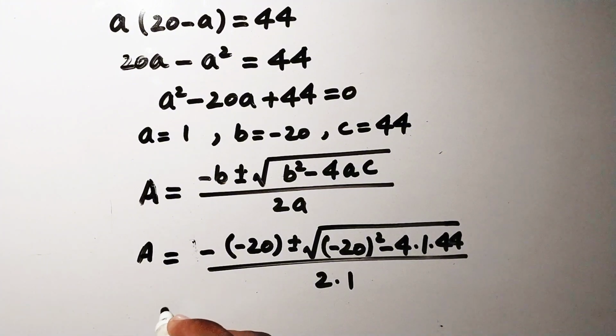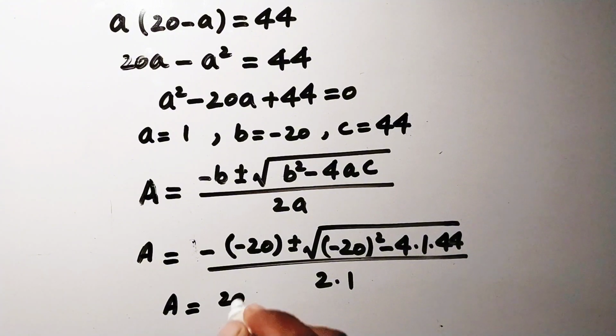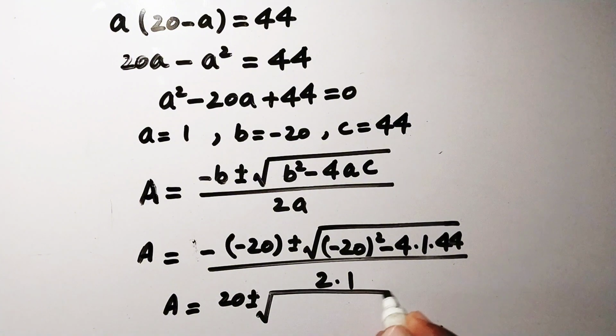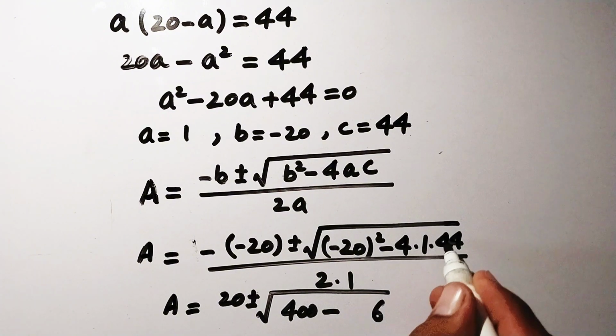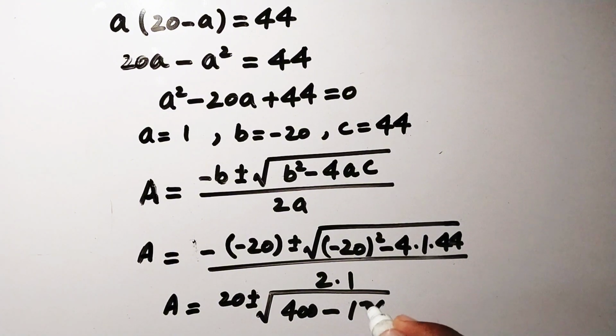This is now equal to, minus times minus is plus, 20 plus or minus root of minus 20 square is equal to 400 minus 4 times 44, which is 176, divided by 2.